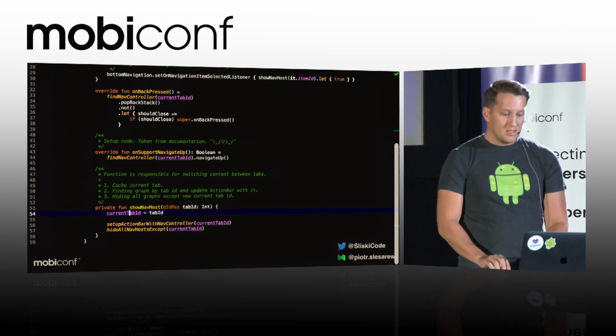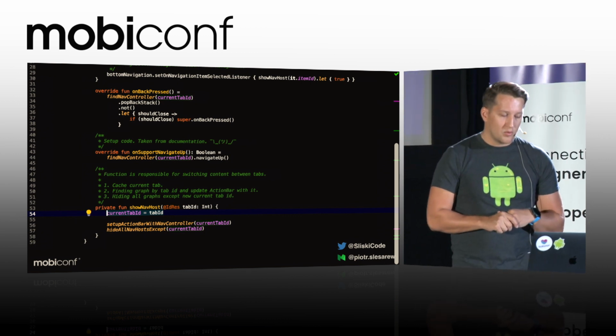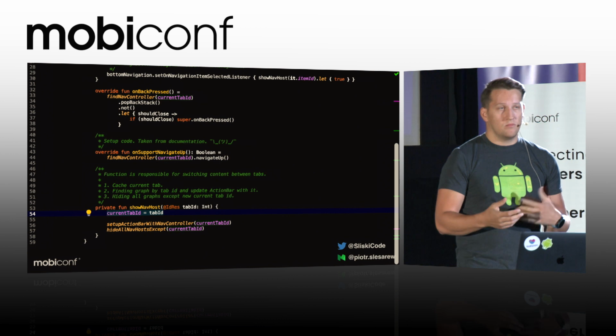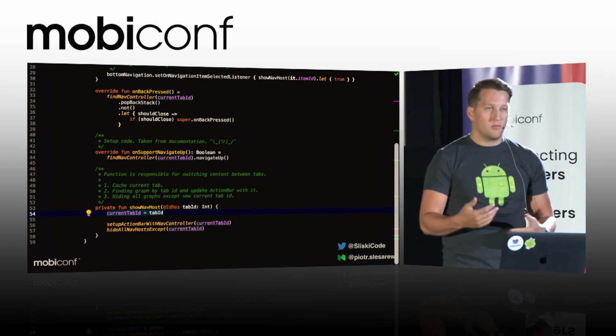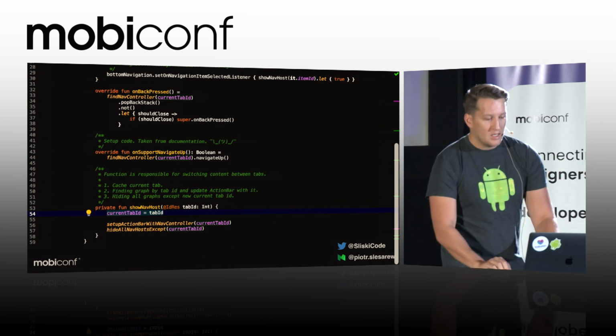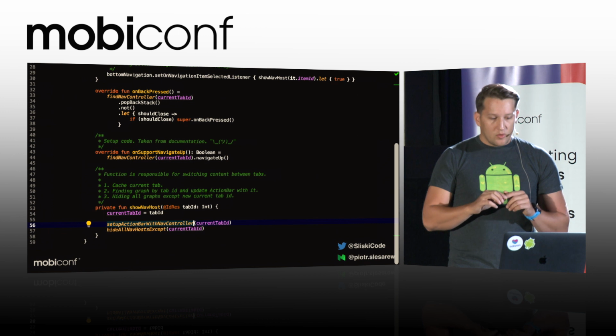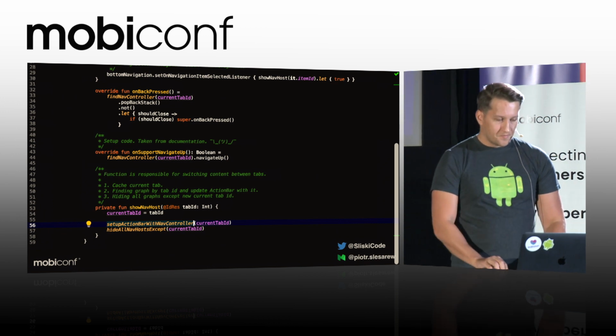We will just cache the current tab ID, just to bundle the information where we are in terms of saving state of it. And then we set up the action bar with the navigation controller.